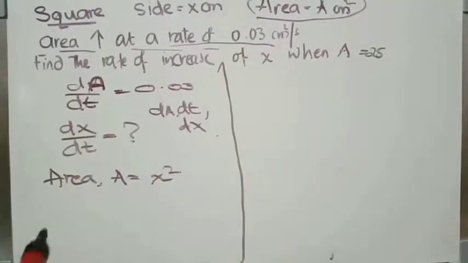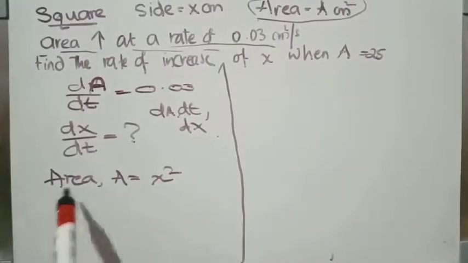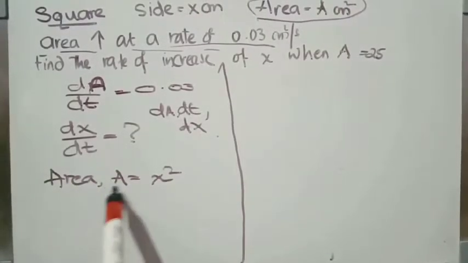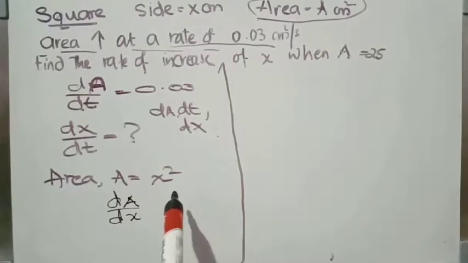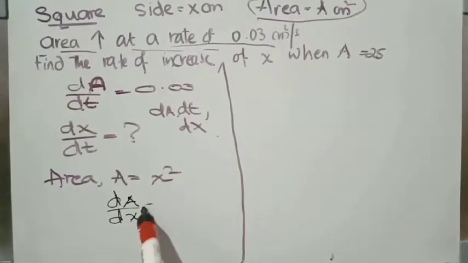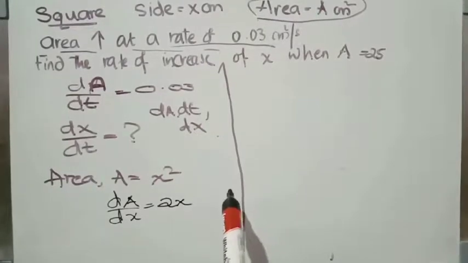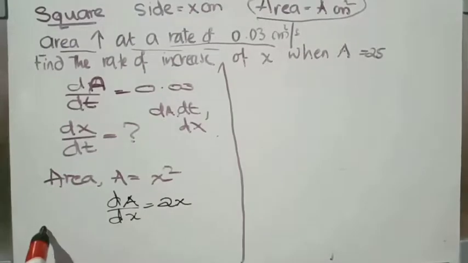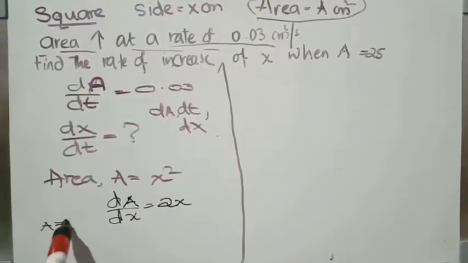Now I'll show you two methods here. One method is to differentiate A with respect to x. We get dA by dx as 2x. Now A is given as 25. A is 25 stands for x squared is 25, because A stands for area.